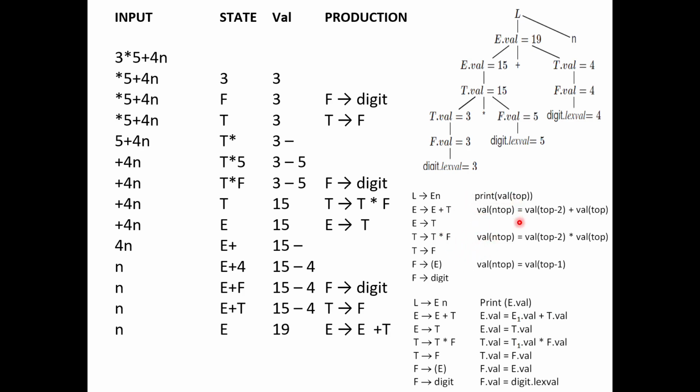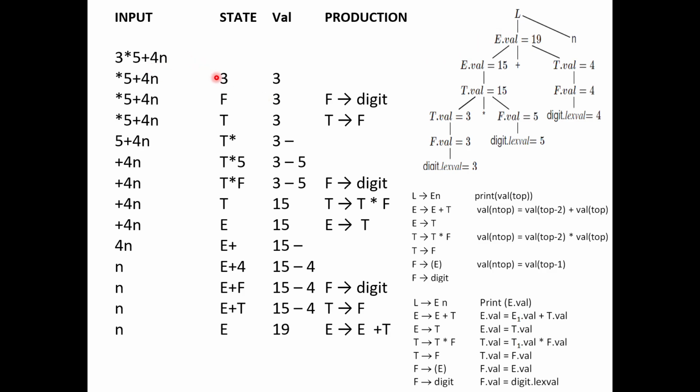Here this is the SDD, this is the code fragment for the stack evaluation for computing the value of attributes, synthesized attribute val. So on bottom up parsing, this parse tree will be considered. Also if you are using a stack that is having the value part also, it will be computing the value of the attribute. So on building up this parse tree, along with this parse tree, the val attribute will get filled.